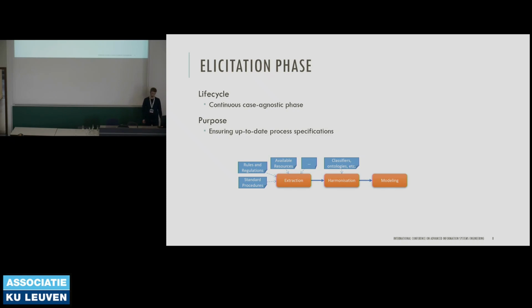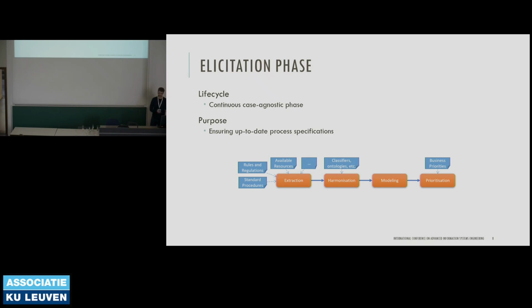Then we come to the modeling step, where we are going to figure out which pieces of knowledge are best represented declaratively, which procedurally, what are the best notations, and so on. And finally, we are going to produce the models themselves, and we are also going to give them priorities, because all process specifications are not equal.